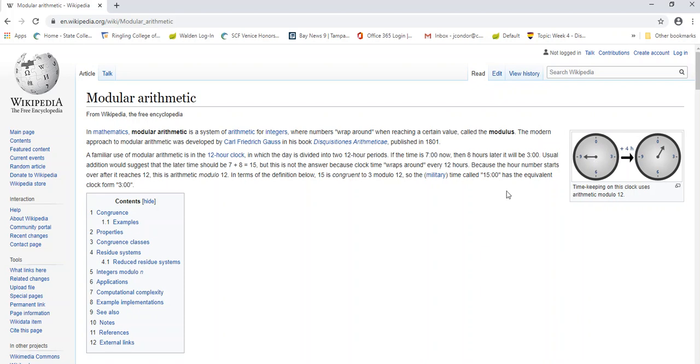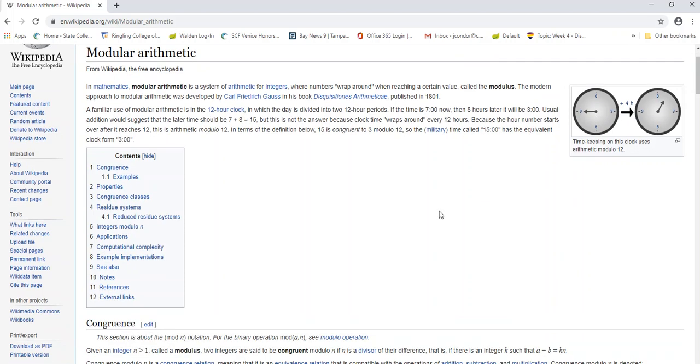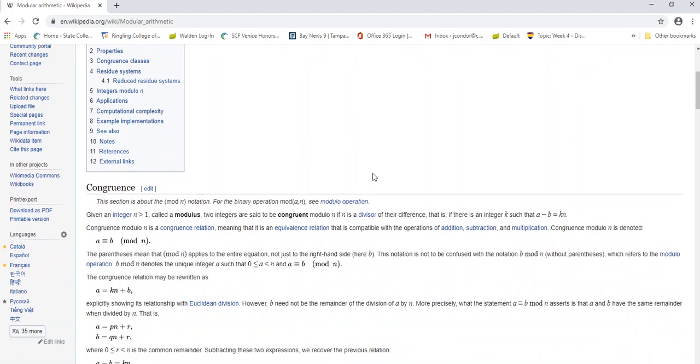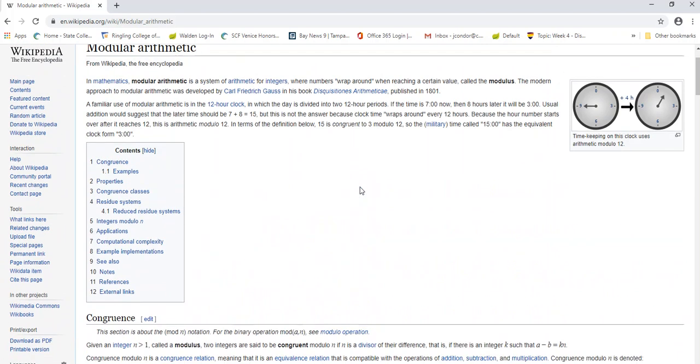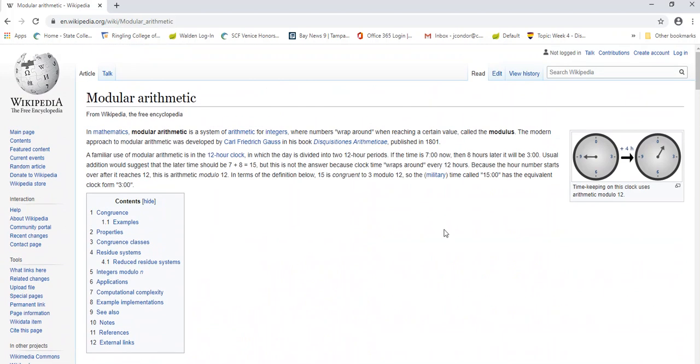And that's called a modular system. And we have lots of different types of modular systems out there. What we have to realize is that there is something similar about the modular clock, but also something different about the numbers on the modular clock.